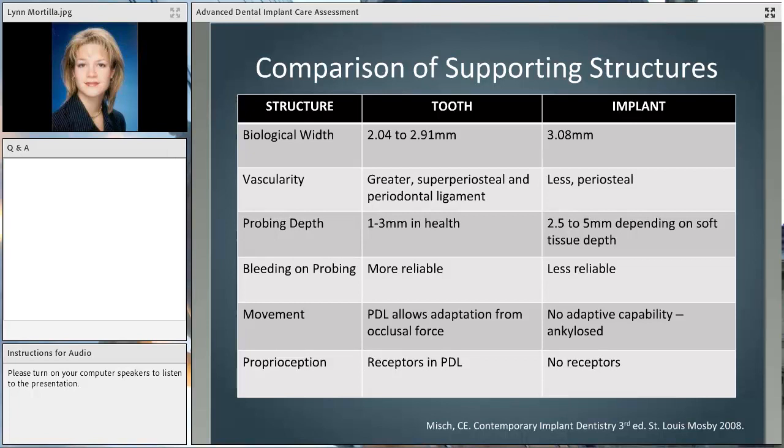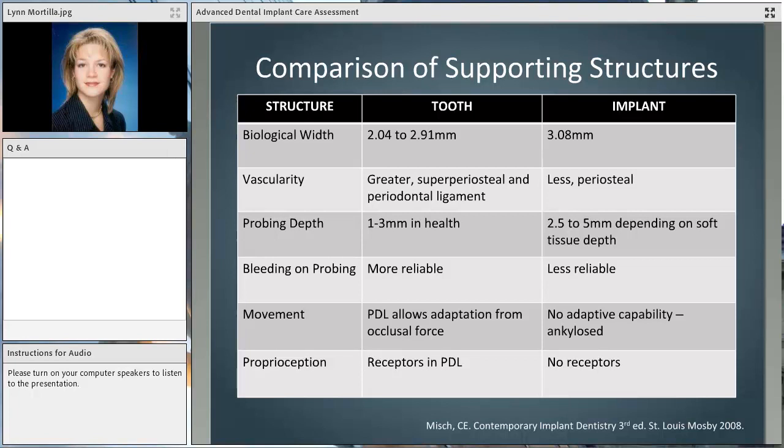And we know these things, but we have to liken them differently around implants because every case is just a little bit different in an implant. And we'll look at some of this. Because of some of these things, bleeding on probing might not be as reliable an indicator. In certain circumstances, when the esthetics and the tissue are absolutely wonderful around an implant, that tissue can be very, very tight.